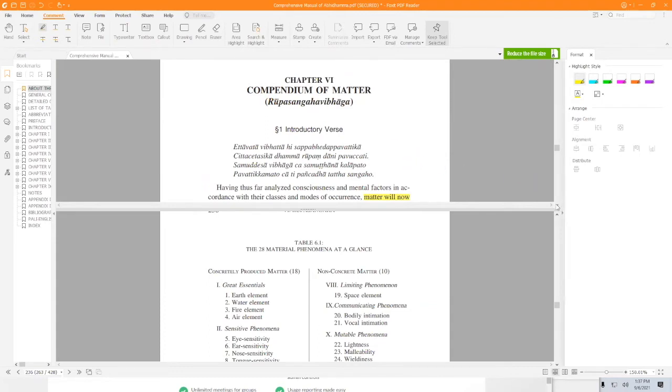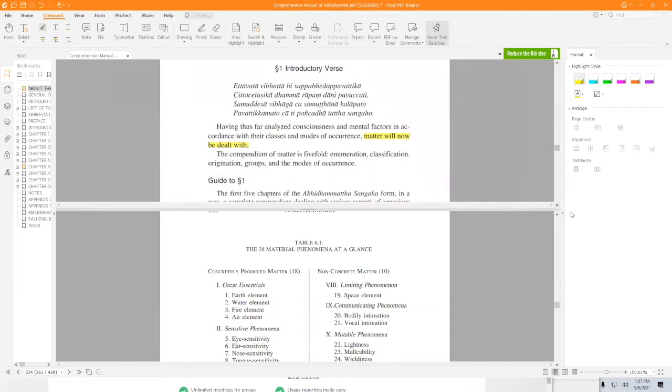If you remember, going back to the very beginning of the manual, the text speaks about the four kinds of ultimate realities, or paramattha dhammas: Chitta, which is mind; Chaitasika, the mental factors associated with mind; and the third is rupa, materiality.